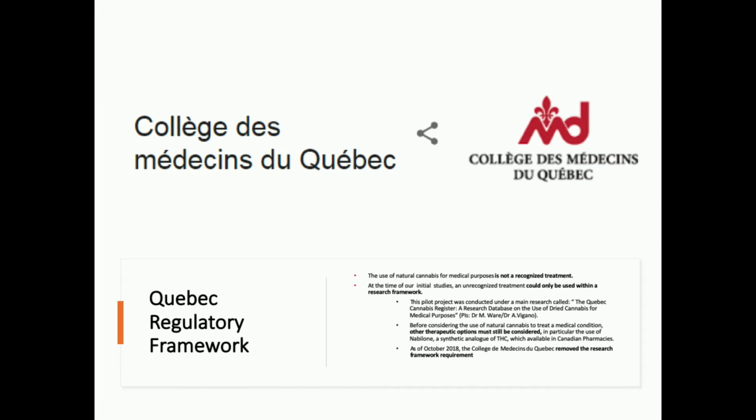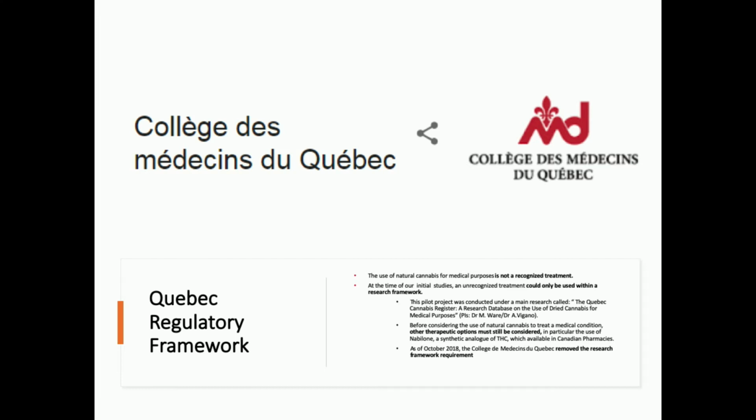The physician had to keep records of the patient, of the effect, side effects, and potential other important aspects. And the other thing that the Collège des Médecins, our order, wanted is that we use Nabilone first, before using natural cannabis.